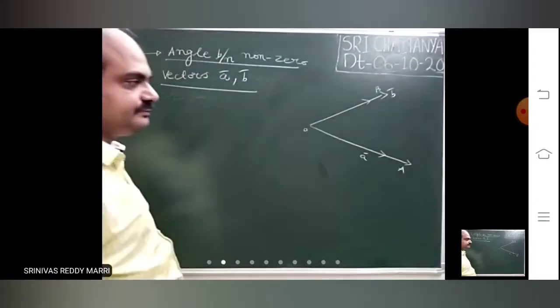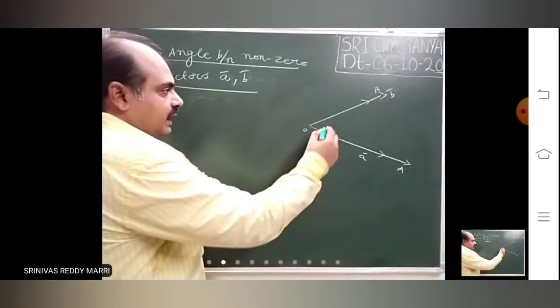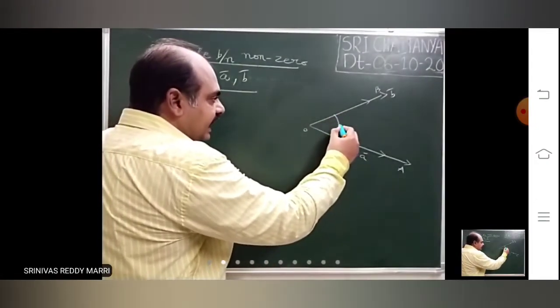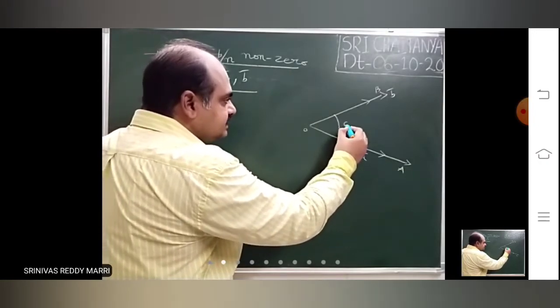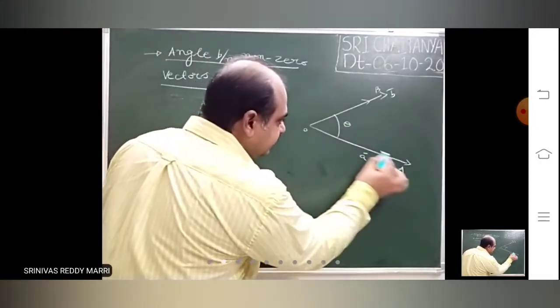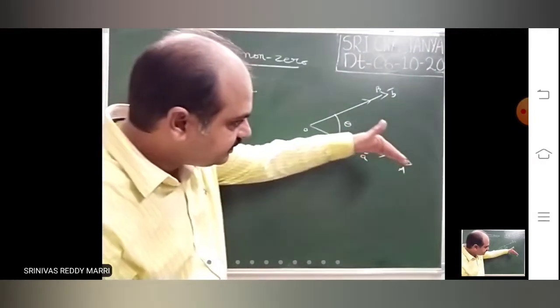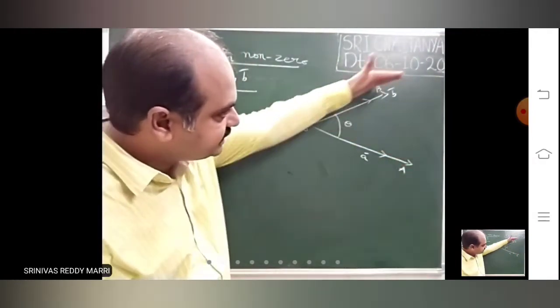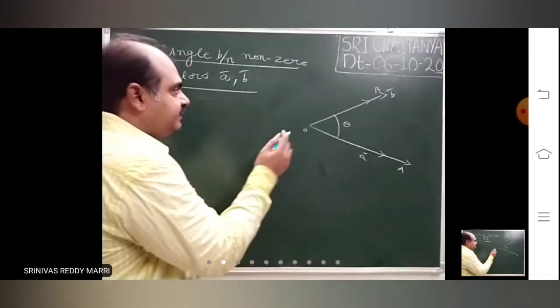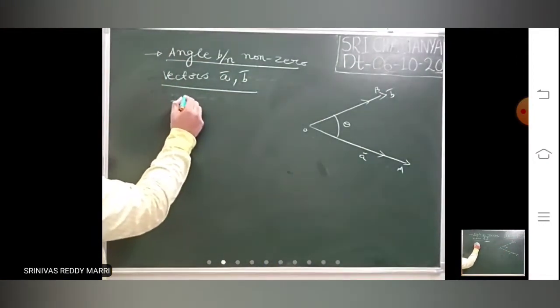The angle between the two vectors is nothing but the angle between their directions. This direction is nothing but this one, and this direction is nothing but this one.